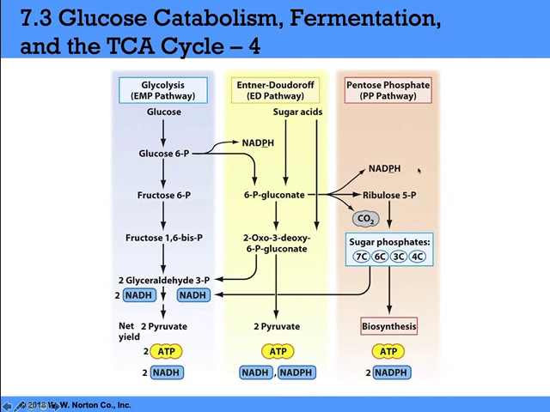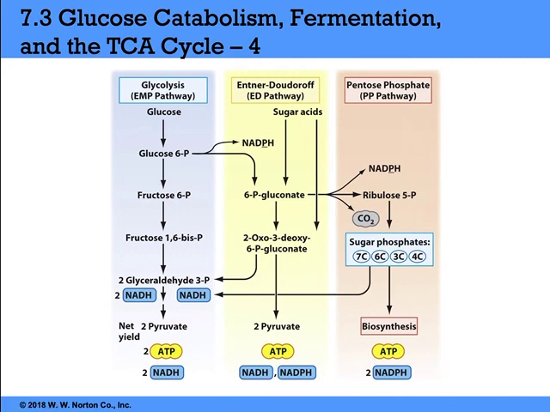So again, different enzymes are doing these jobs, okay? Ribulose 5-phosphate and NADPH can be basically siphoned off from the Entner-Doudoroff pathway, and generating these sugar phosphates allows us to throw some energy at glycolysis and then use some of it for biosynthesis, okay?